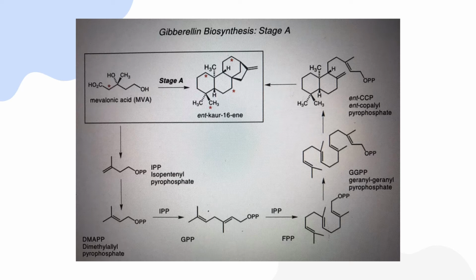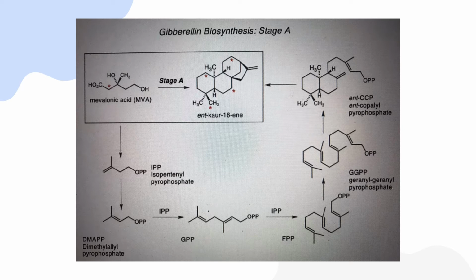Once synthesized, the IPP isoprene units are added successively to produce intermediates of 10 carbons, geranyl diphosphate, 15 carbons, farnesyl diphosphate, and 20 carbons, geranylgeranyl diphosphate, or GGPP.